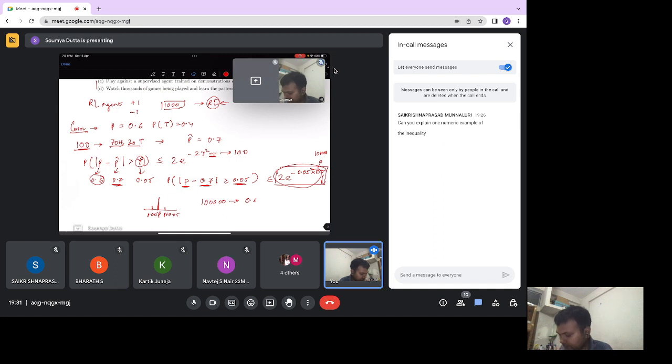If you toss the same coin 1 lakh times, the estimated probability of 0.7 would come down and be very close to 0.6, and that also shows up from this particular inequality. Constructing explicit numerical examples might be difficult, but this is the intuition behind this inequality.